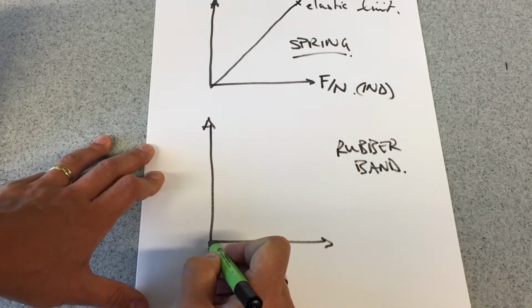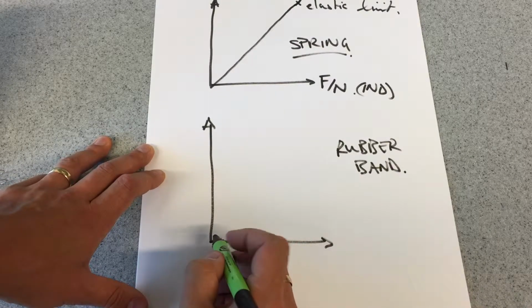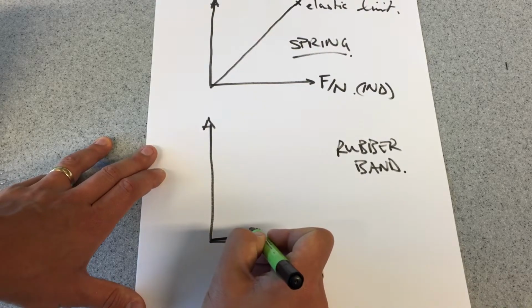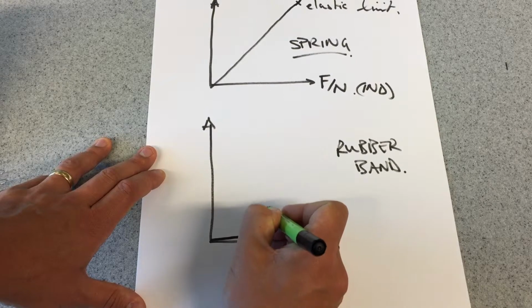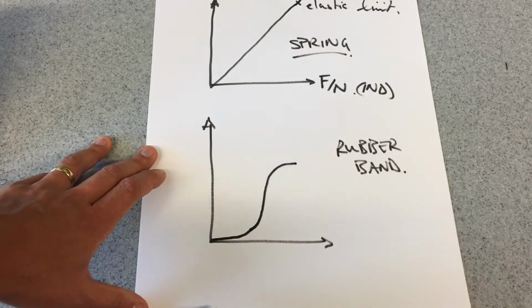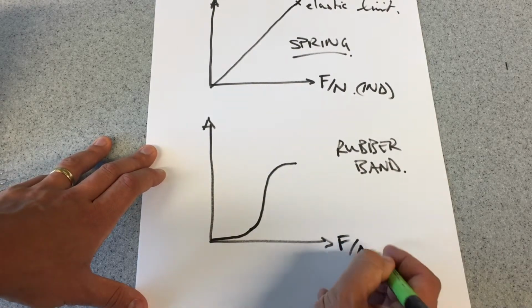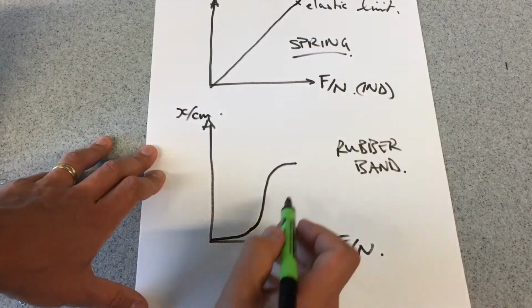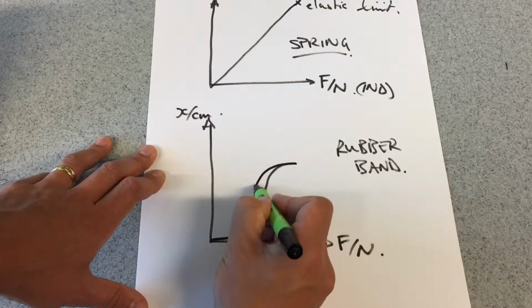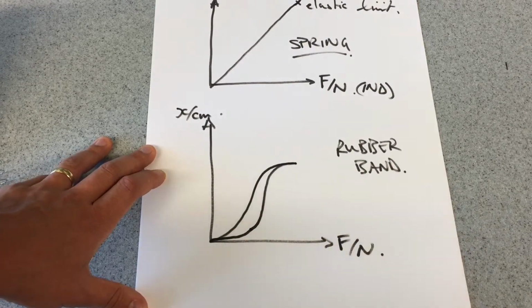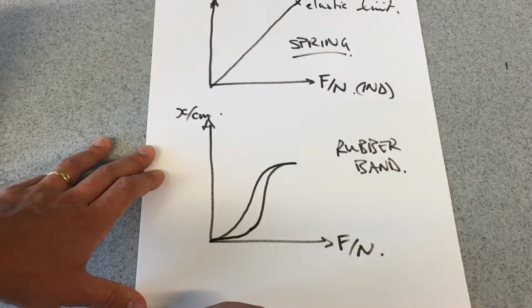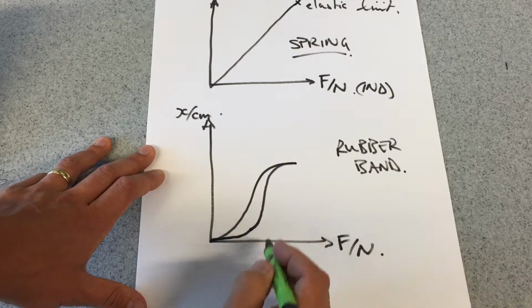But what you have here is, and I just need to remember which way around we do this, it looks something like that, for the force again in newtons and the extension in centimeters. And when unloaded, it's going to give a slight difference. I'm just wondering if that's the right way around, the force extension. Yes, I believe that's the right way around.